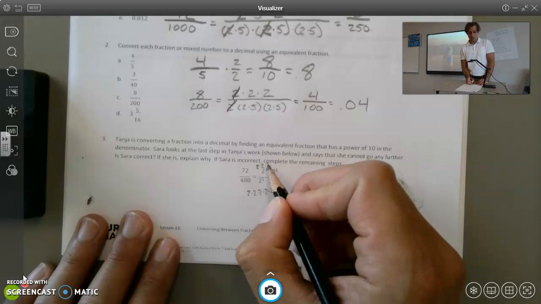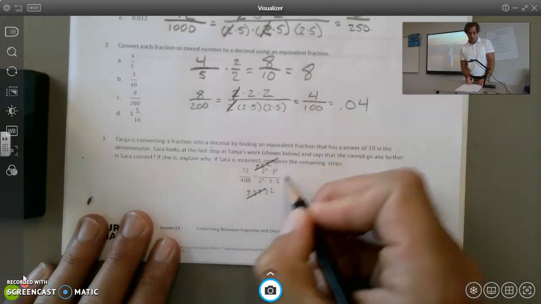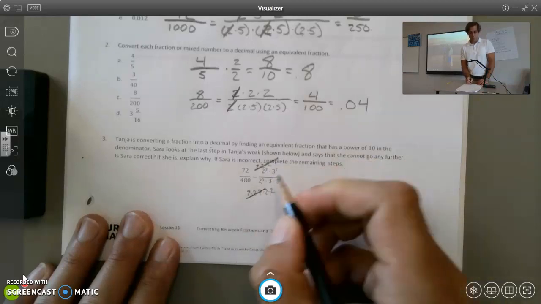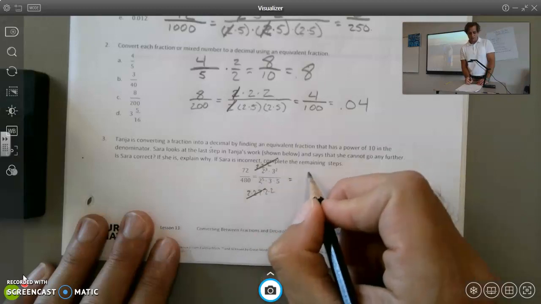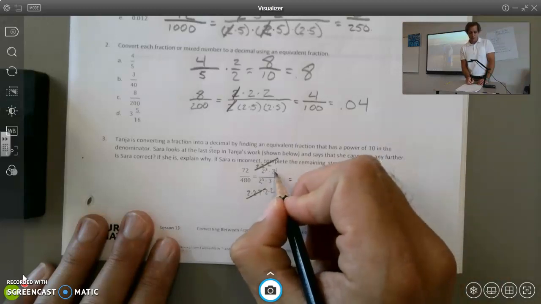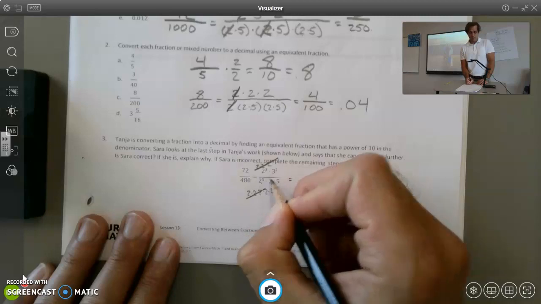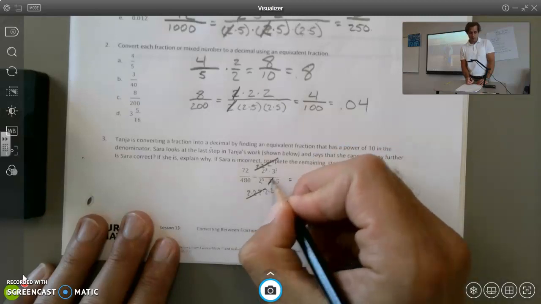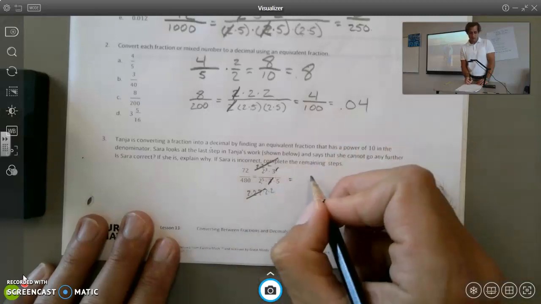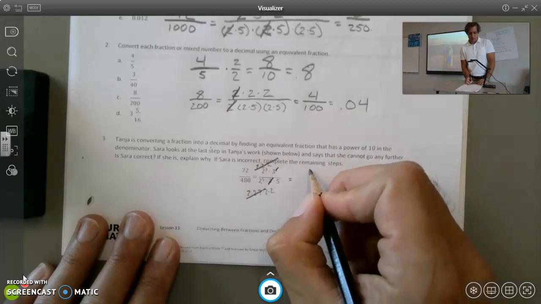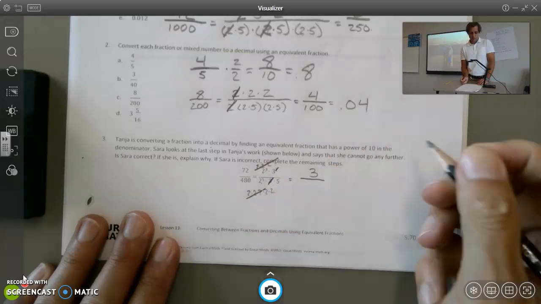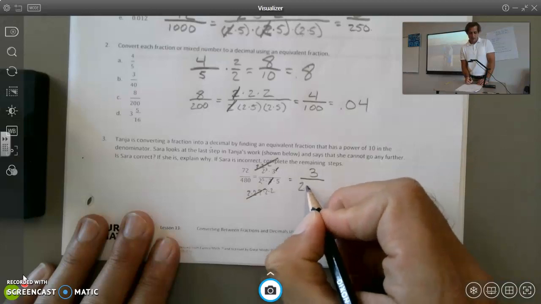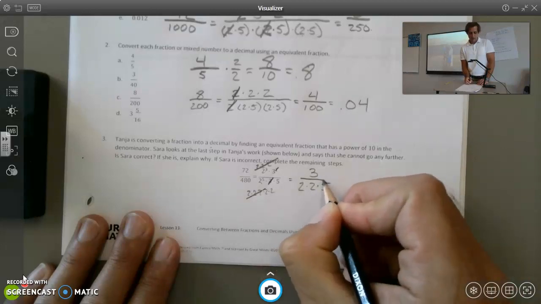That's what 2 to the 3rd means, which means I'm left with 2 factors of 2 in the denominator. Here I have 2 factors of 3 and 1 factor of 3 in the denominator. So I'd move 1 factor of 3 there, and I'd be left with 1 factor of 3 in the numerator, and 2 factors of 2, and a factor of 5.